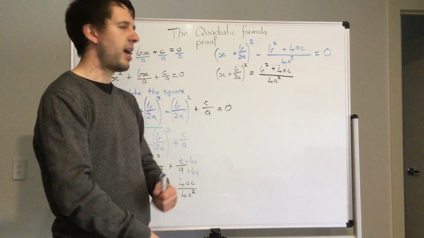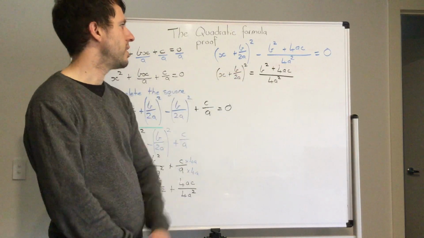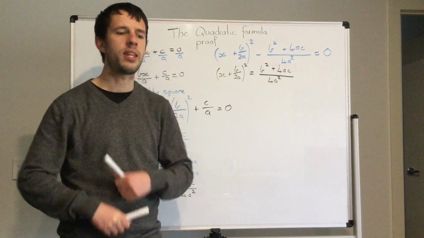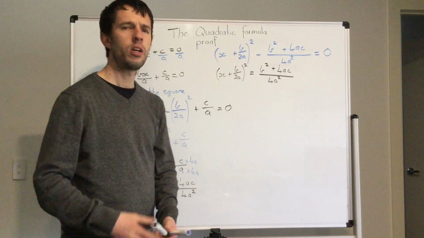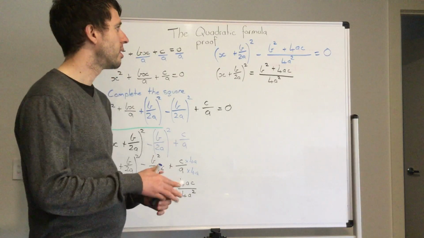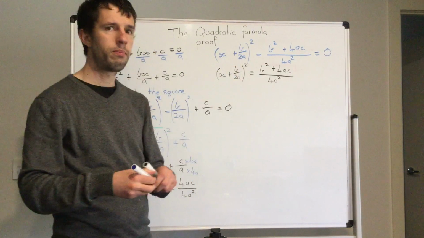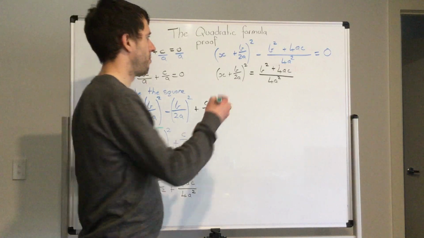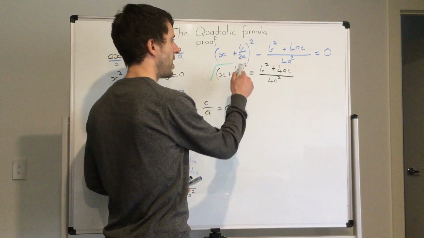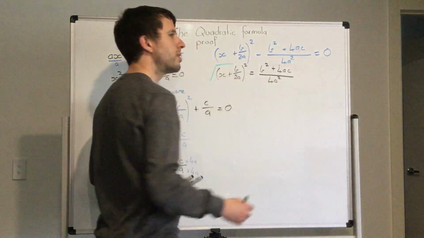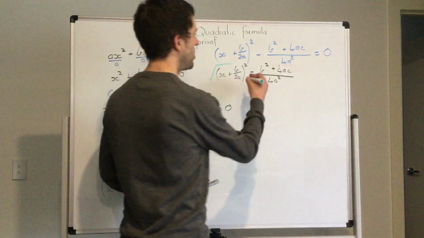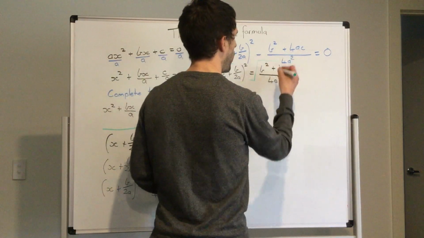Now the next thing I look at is we've got this on this side that is squared, and I really want to get that squared gone. So to get that squared gone, I'm just going to square root both sides. So if I square root this side, they cancel out. Equal sign is whatever we do to one side, we must do to the other side. So I'm going to square root this side.